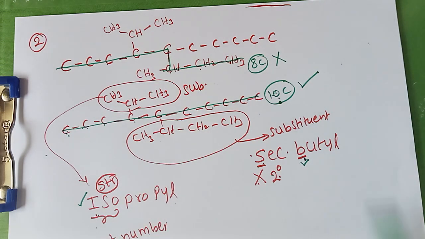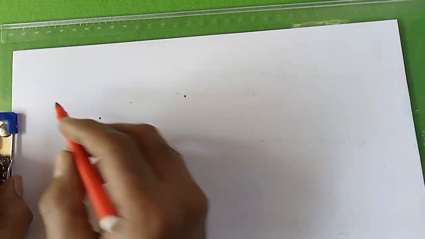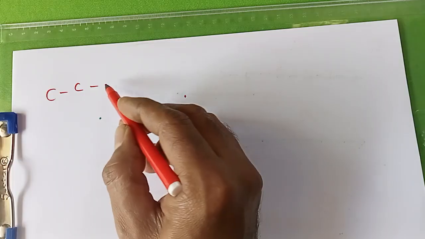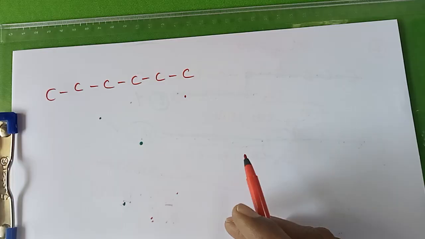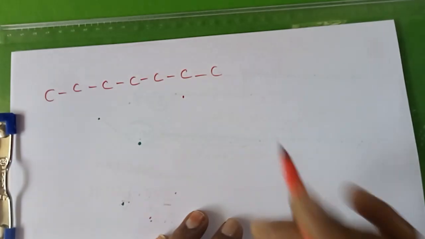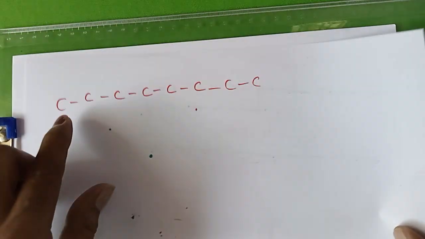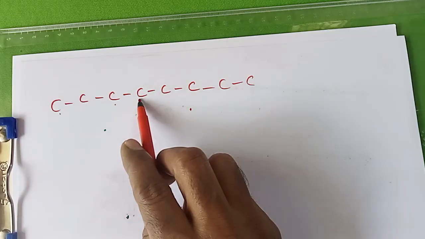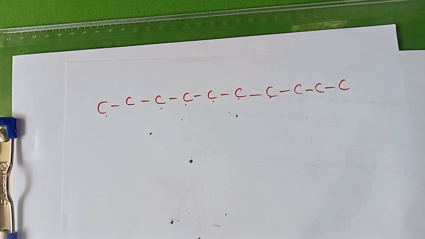Okay, I will give another page of numbering, and once again the same structure, the same example, I have written here. 1, 2, 3, 4, 5, 6, 7 and 8. Total 10 carbons. 1, 2, 3, 4, 5, 6, 7, 8, 9 and 10. Next, which carbon group?